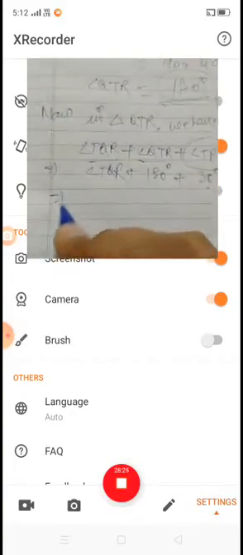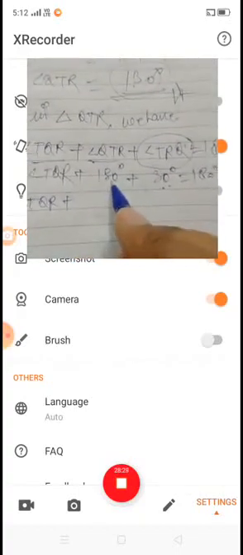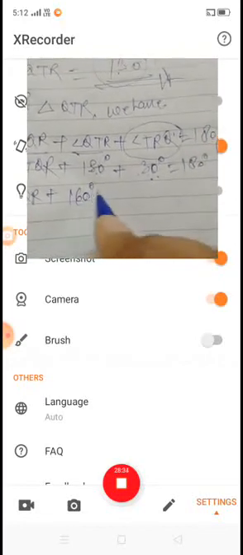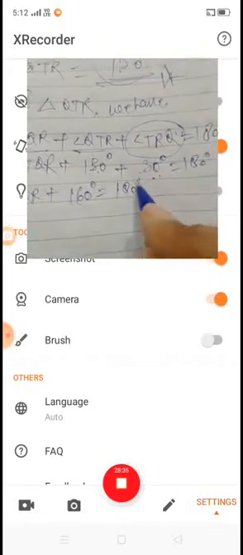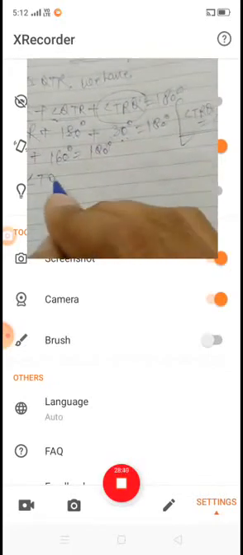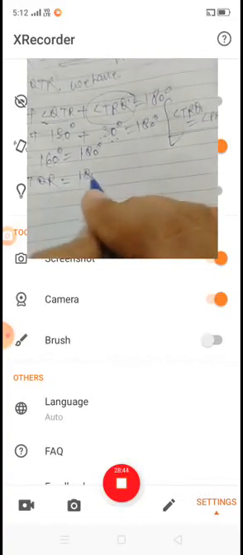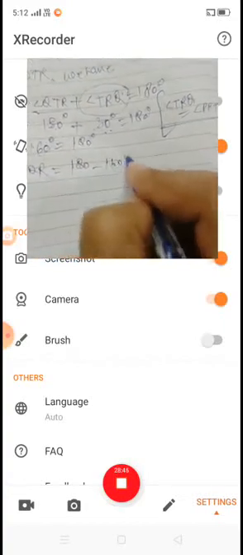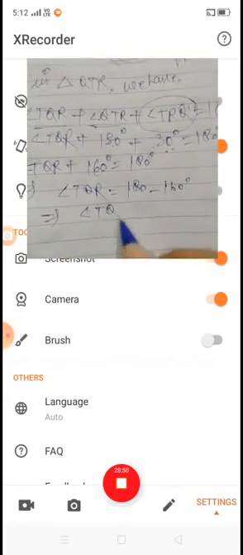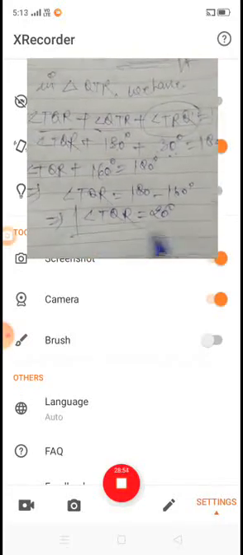So we have angle TQR plus 130 and 30, that is 160, is equal to 180 degrees. So angle TQR is equal to 180 minus 160, which is 20.